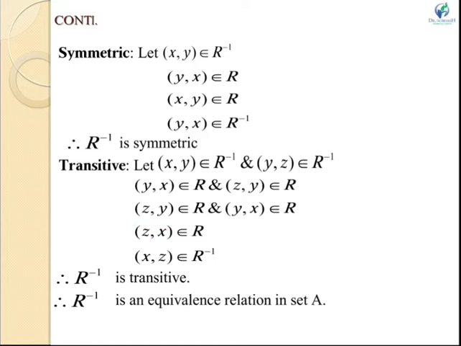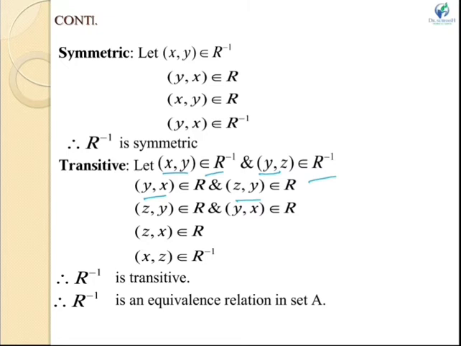So again I am repeating here: (x,y) is in R inverse and (y,z) is in R inverse. So by the inverse definition, (y,x) and (z,y) must be in R. Now since R is an equivalence relation, it must satisfy the property of symmetry.